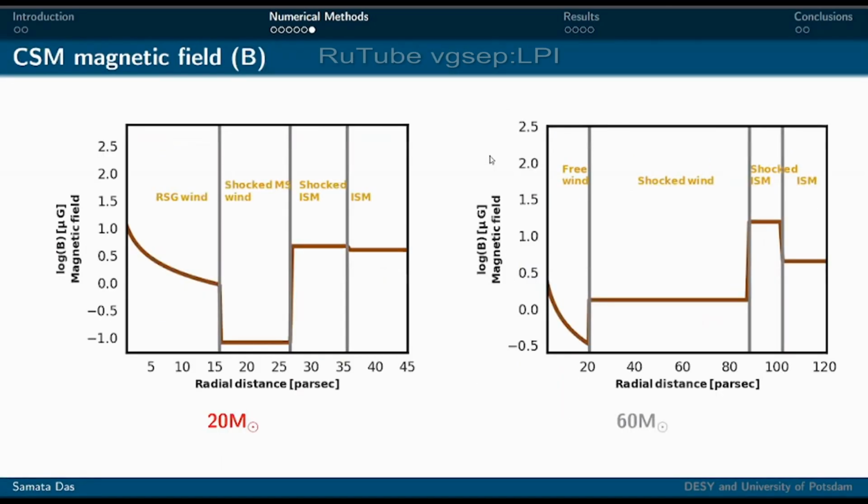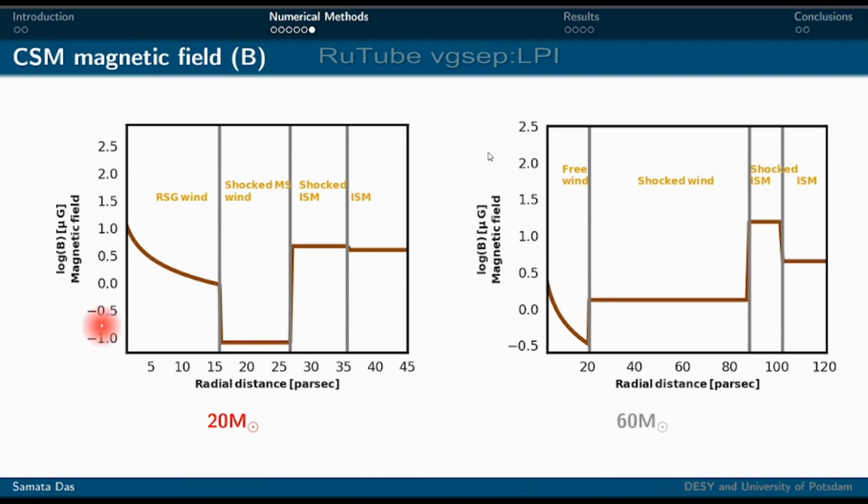Now, we did not calculate the magnetic field by doing the MHD simulation for the entire lifetime of the star, because it would be very complicated and computationally expensive. That's why we just parameterized it based on theoretical knowledge. For both the 20 solar mass star and the 60 solar mass star, we have considered a toroidal magnetic field proportional to 1/r in the free wind.